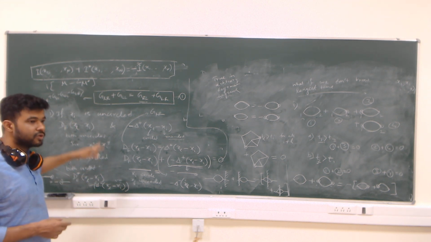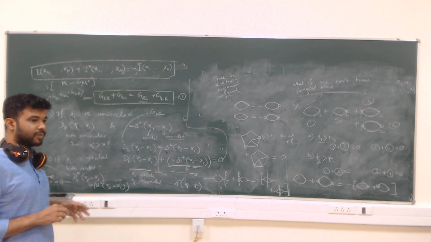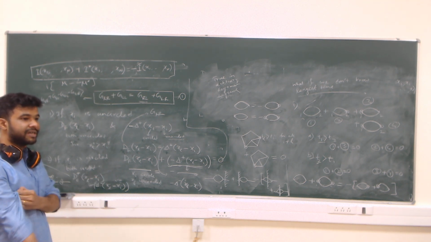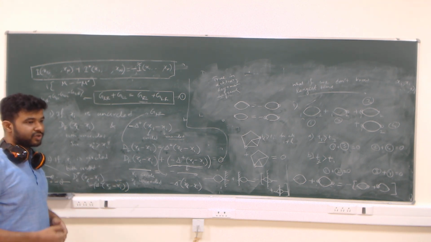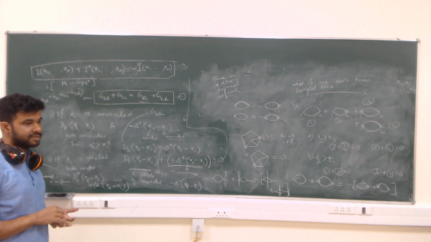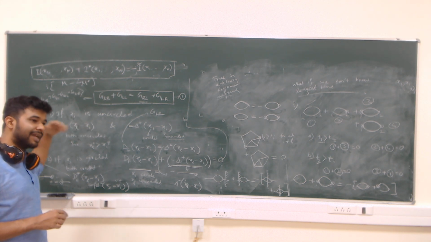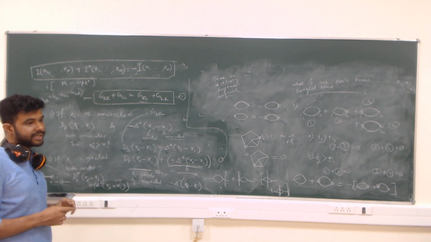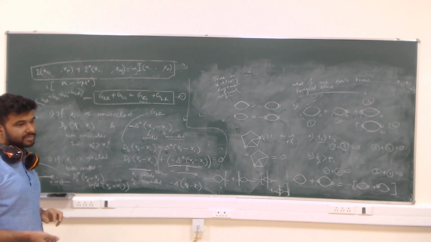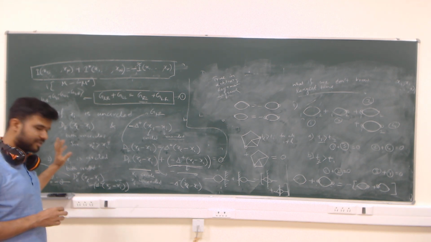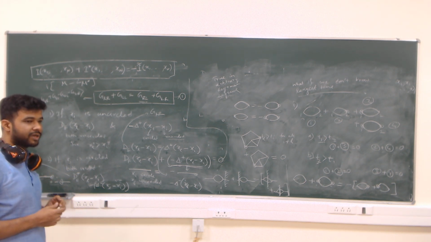In fact, for these rules, they got the Nobel Prize for electroweak interactions. Basically, they checked that this unitarity is valid order by order for electroweak interactions as well, particularly for spontaneously broken gauge theories.